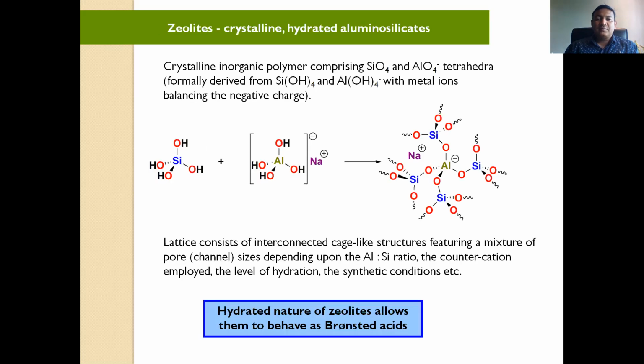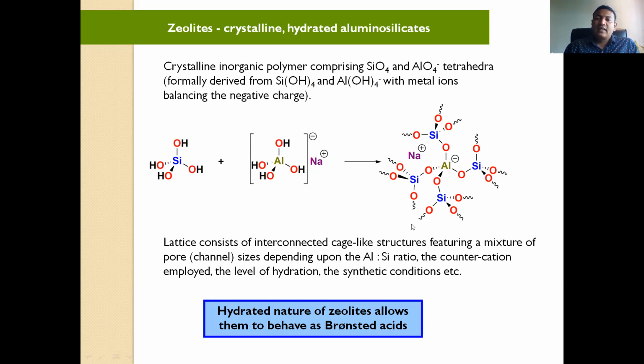And see here, this is the exact structure of zeolites. There are silicates and aluminate or alumina. This SiO4 unit is there, and also this AlO4 unit is there, with metal ions balancing the negative charge. Whatever negative charge there is, the metal ion is balancing it.